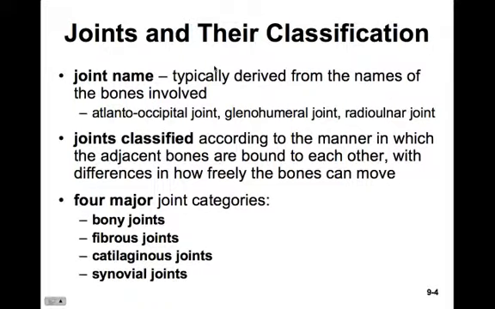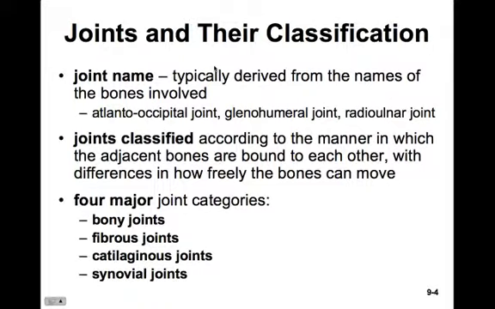For example, we've already explored the atlanto-occipital joint, the joint between the atlas, cervical vertebra number 1, and the occipital condyles of the skull. The glenohumeral joint is the shoulder joint. It involves the glenoid fossa and the humerus. And then the radio-ulnar joint is where the radius and ulna interact. So their naming is pretty straightforward at this point.